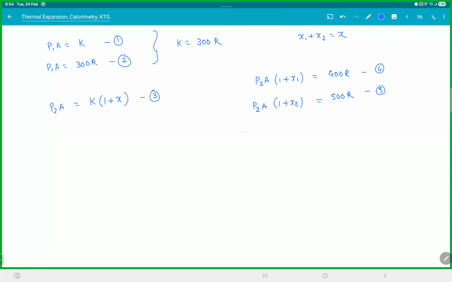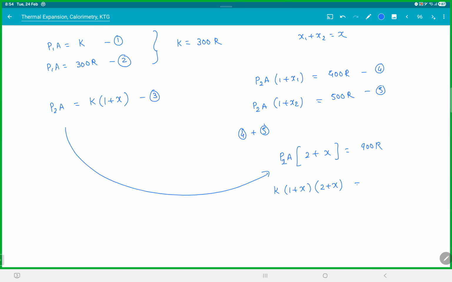Perfect. So add 4 and 5. Because when I do that, I'll get x1 plus x2 there. So that will be P2A into (1 plus 1, 2 plus x1 plus x2, which is x) is equal to 900 R. And what is P2A? Take this and substitute here. That would be K into (1 plus x) into (2 plus x) is equal to 900 R. But what is K?